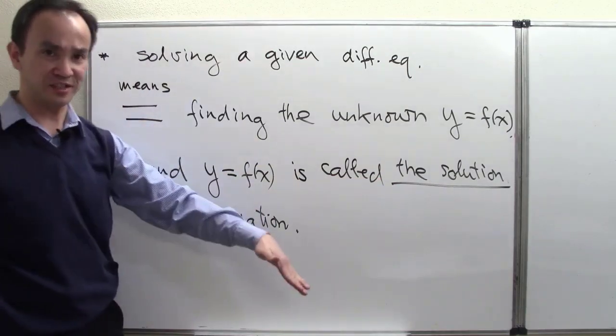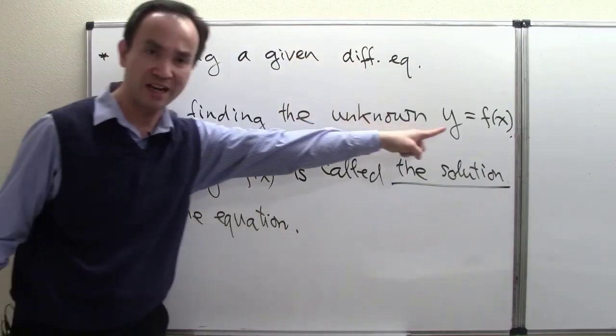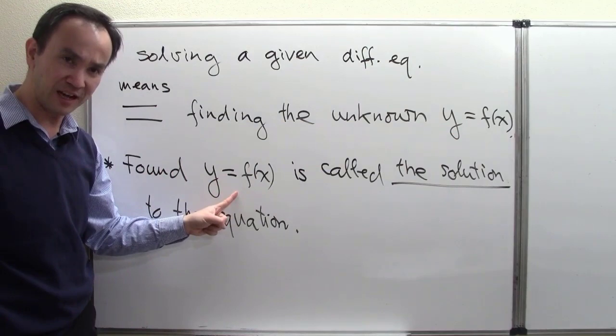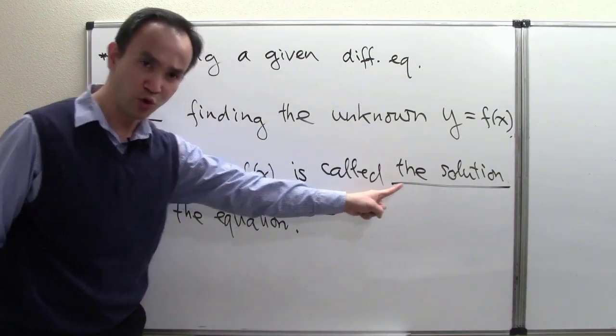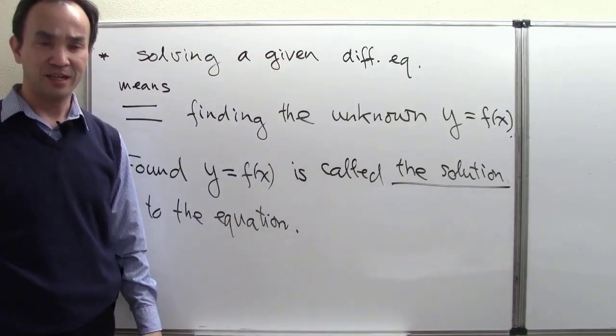The process is solving the differential equation, and once you have found what that unknown function is, that final function is called the solution to the given diffq. And that's the idea.